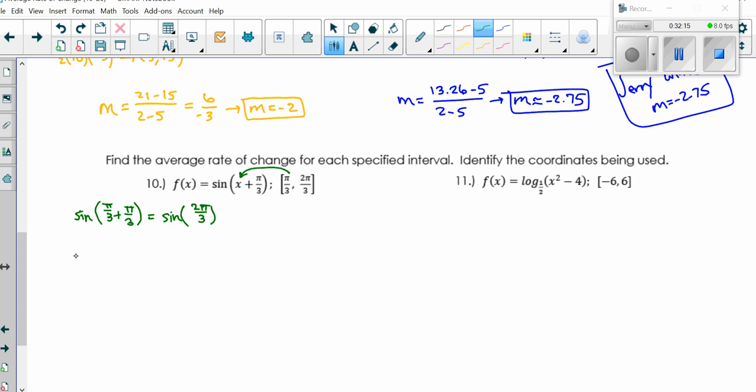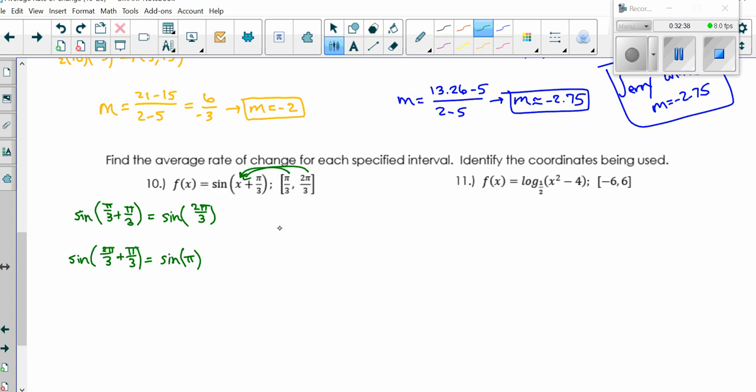Okay, and then the next one, I need to substitute this into here. So it's going to be sine of 2 pi over 3 plus pi over 3, which means it's 3 pi over 3, which means that it's just sine of pi.